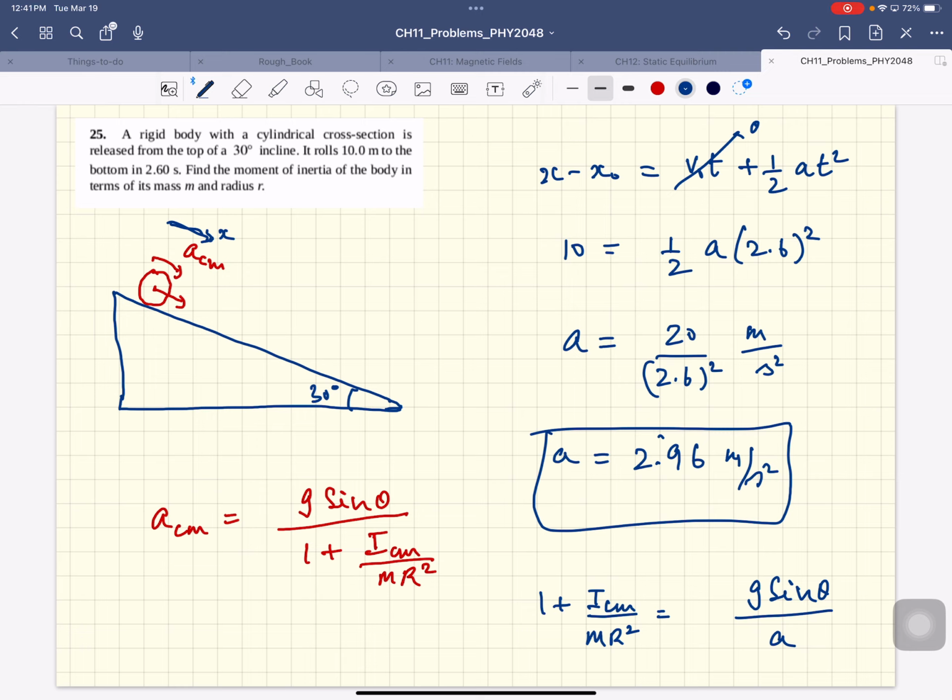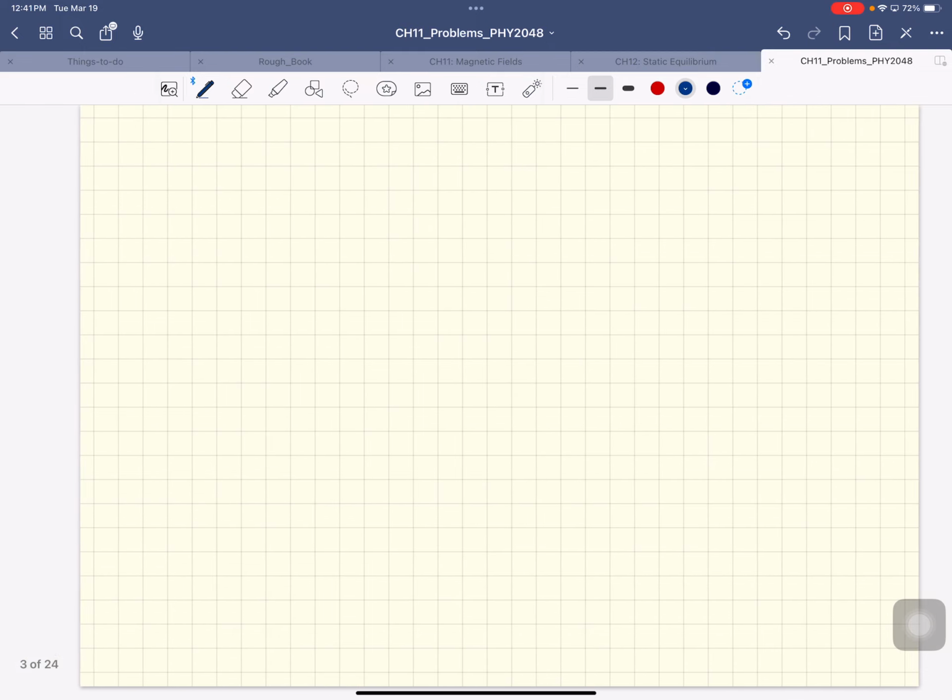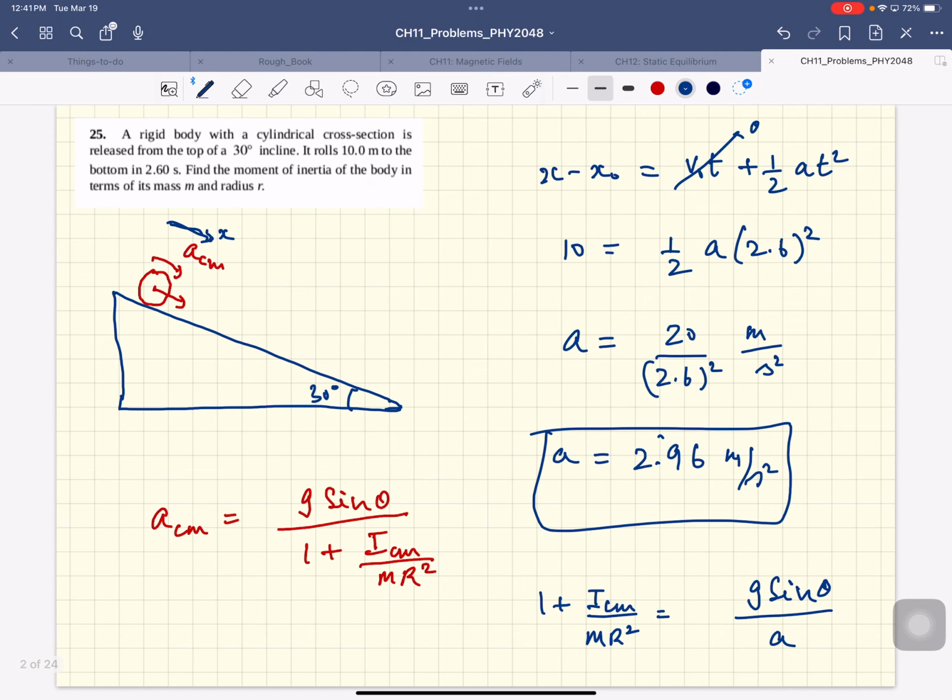What we're trying to do is find the moment of inertia of the body in terms of m and r. So we're trying to find this quantity, okay? Now we have a number for this. Everybody with me so far? Yeah. So let's copy this.